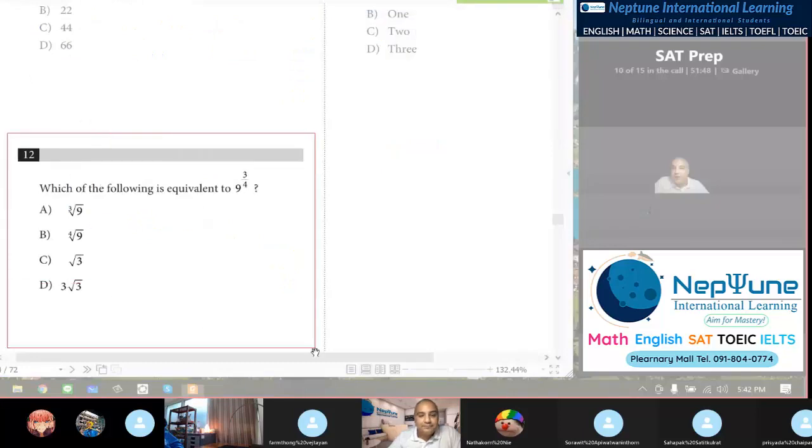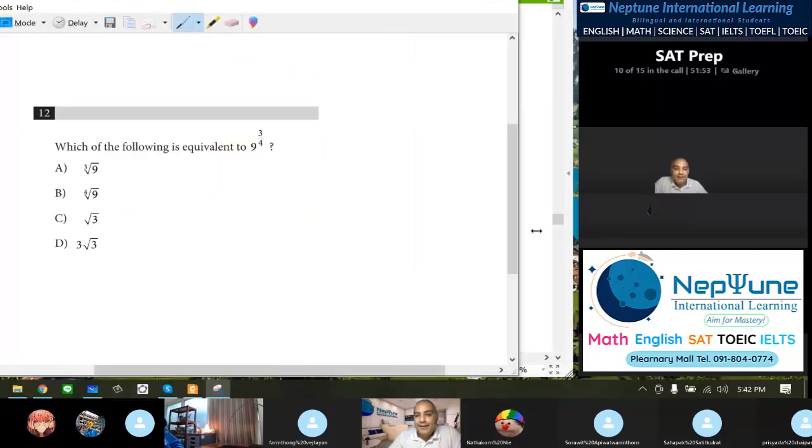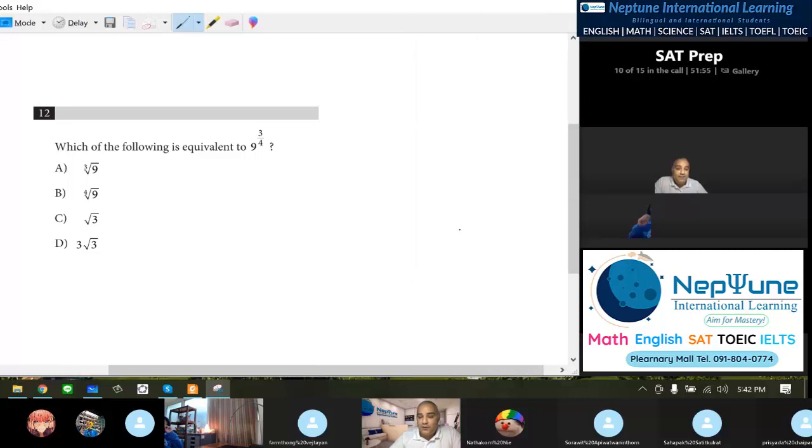What are the rules that we know? If we have a number not 0 to the power of m, and we multiply it to the same base to the power of n, we keep the base and we add the exponents. If we divide, we subtract. We already know this.